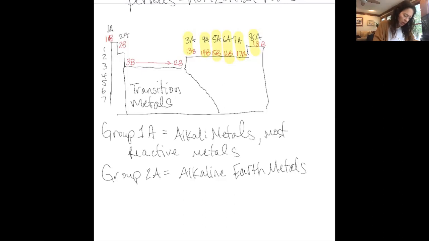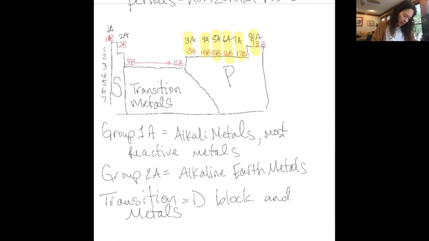Remember, just the S block and the P block are your representative elements, where certain trends are represented by them that are not represented by the transition metals. Trans means change, and some of the properties of these transition metals change. So there's your D block, and some of the P block metals.